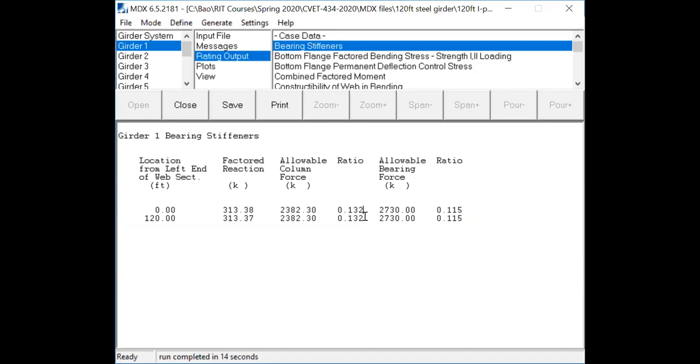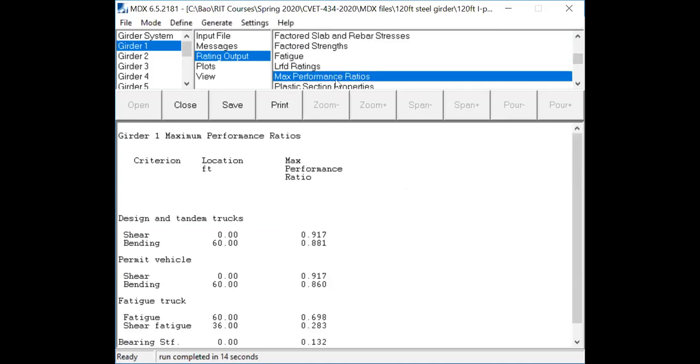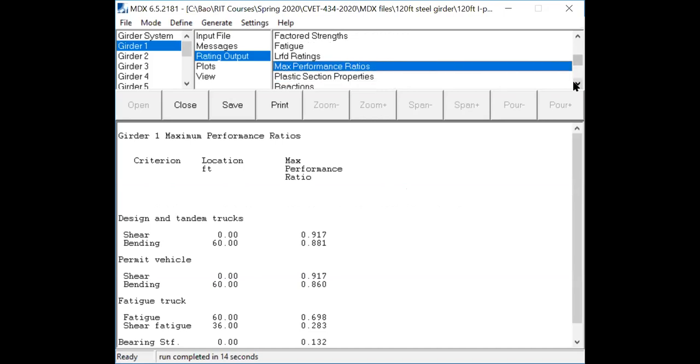This is important to make sure the bearing stiffener is safe. Okay, and for the rating output, the most important thing for girder design is the maximum performance ratio, right here.